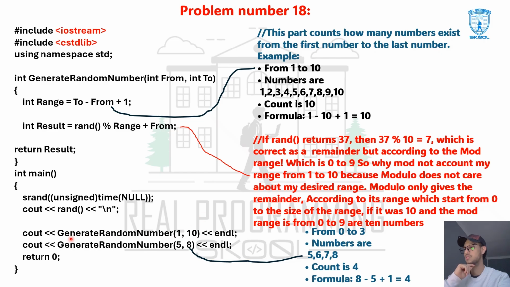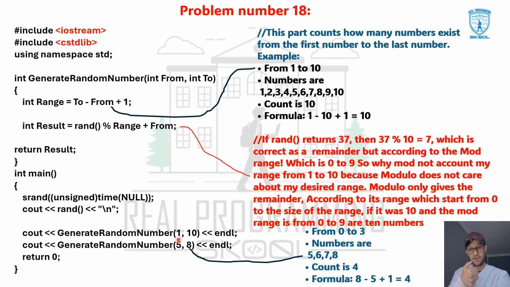Because here, the first time I use the function name GenerateRandomNumber, I use 1 to 10 in its parameters. Why doesn't the mod here account for my range and start from its start? Modulo has its own range, which always starts from 0 up to the size of the range that belongs to our range, but starting from 0, which means shifted one number down. The start point of the modulo is different from my start point. My start point here in the first range is 1, from 1 to 10.